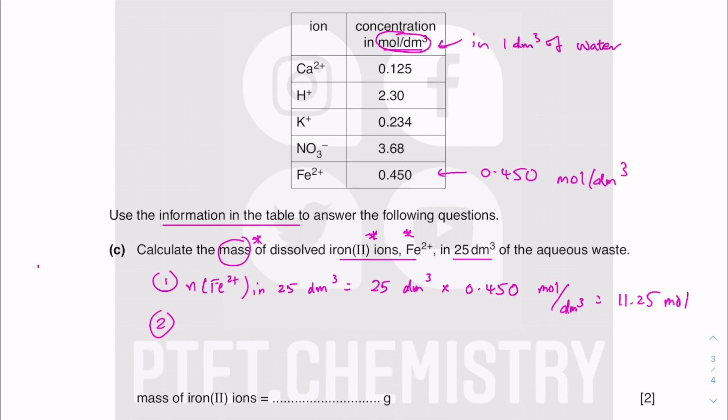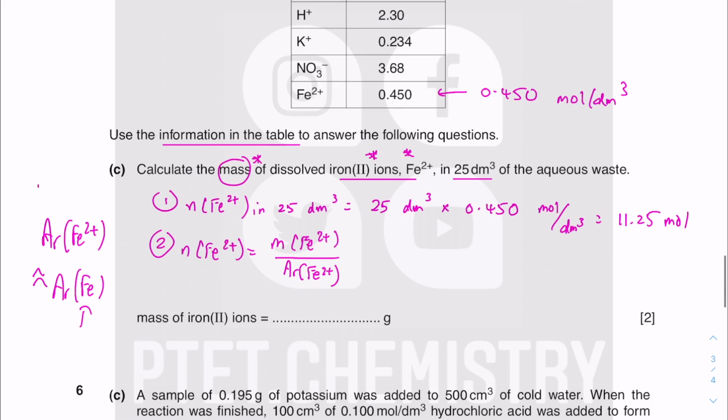Now they want the mass of iron 2 plus, and they want mass and mole. Mole of iron 2 plus is equal to mass of iron 2 plus over the AR of iron 2 plus. The AR of iron 2 plus is going to be very similar to the AR of iron, because it has only lost 2 electrons. Electrons are so much lighter, about 2,000 times lighter than protons and neutrons.